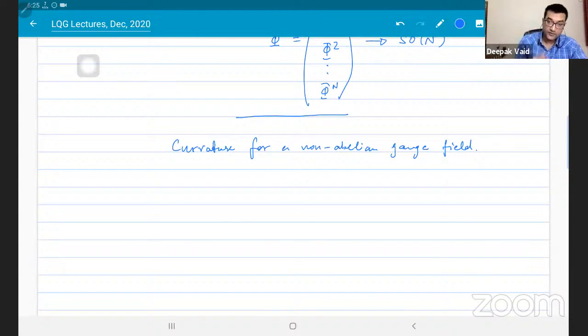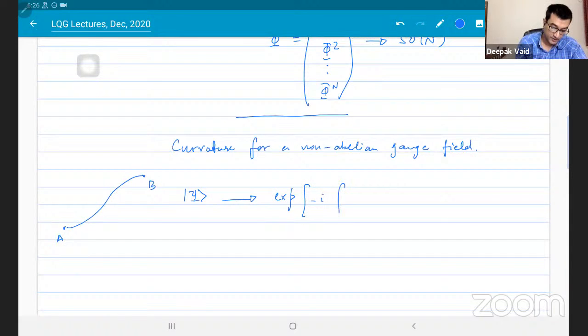Again, referring back to what happens if you transport a charged particle in the background of a gauge field: if you take a charged particle and parallel transport it from one point to another along some path from A to B, then it picks up a phase which is given by minus integral from A to B, A dot dx.